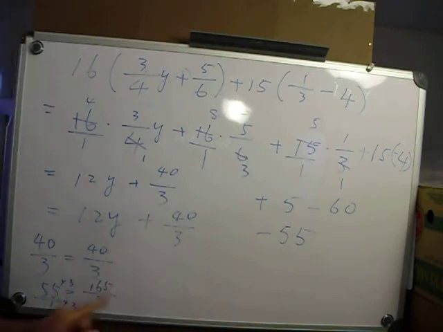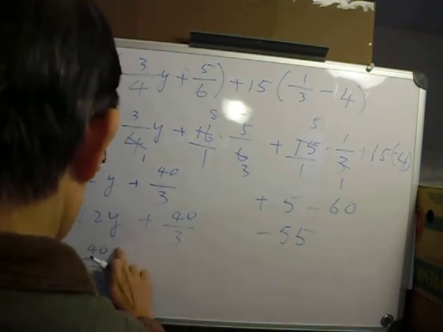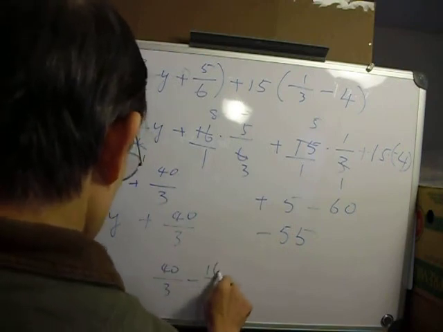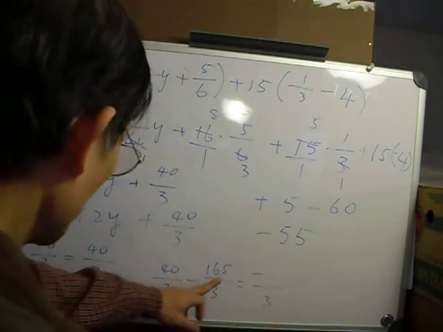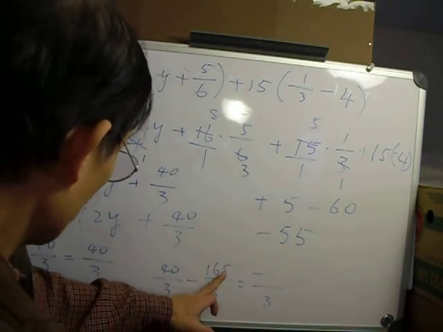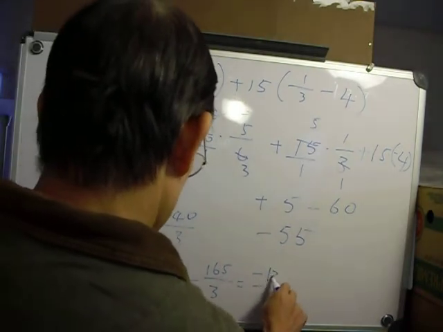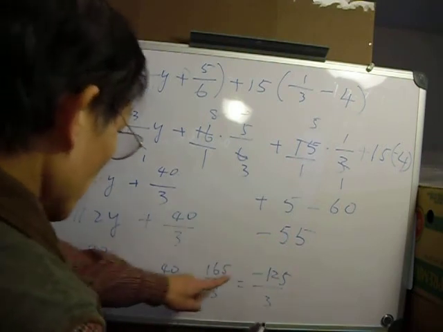Use your calculator. So you got this, and then this fraction minus this fraction, 40 over 3 minus 165 over 3. The larger number is negative, so it's negative. Use 165 minus 40, so it would be 125. So this fraction subtraction results in this.